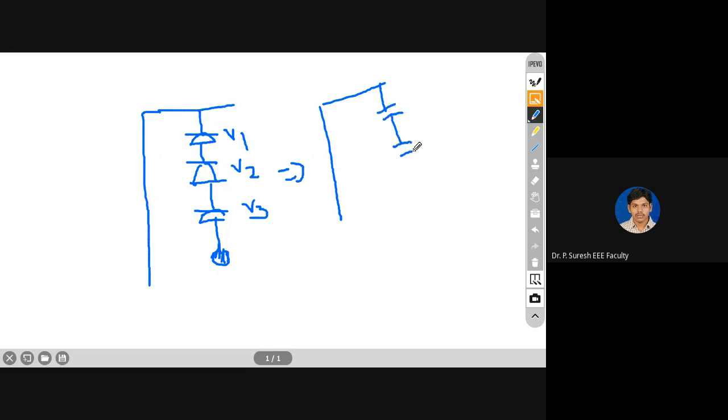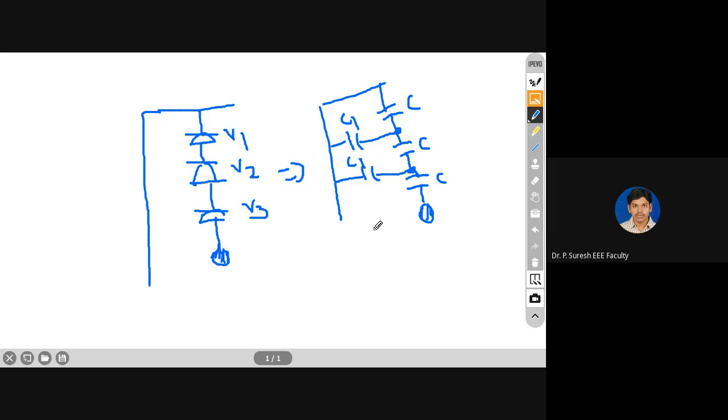We represent each disc with an equal capacitance. This is the conductor, and there is one more capacitor between the tower and the pin. So this is the pin. Let us take this as C, C, C. All are equal capacitance, that's why I am taking C, and this is C1, C1.